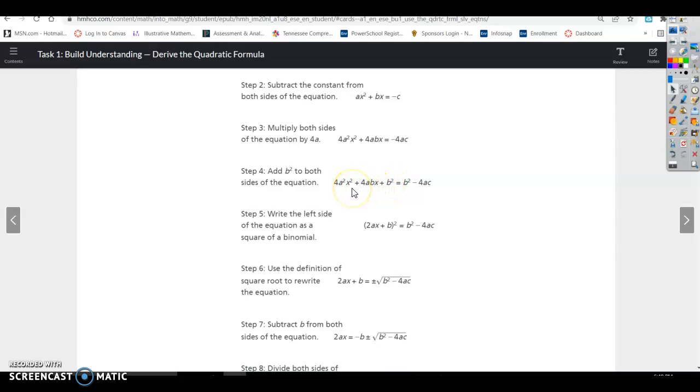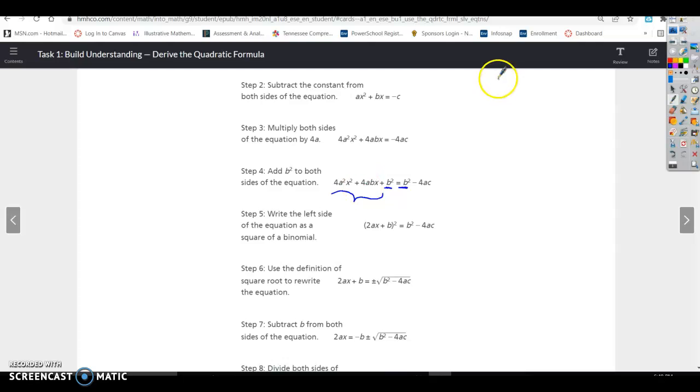And if you remember, to complete the square, let's go through that process here. What we're doing is completing the square by adding this term to both sides so that this becomes a perfect square trinomial.